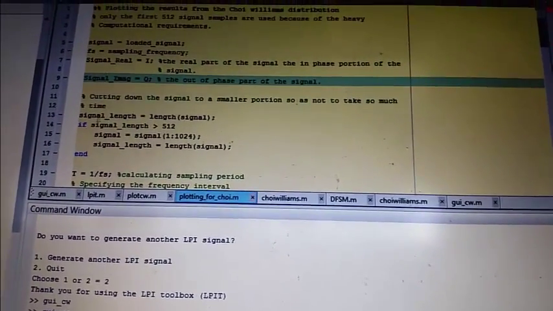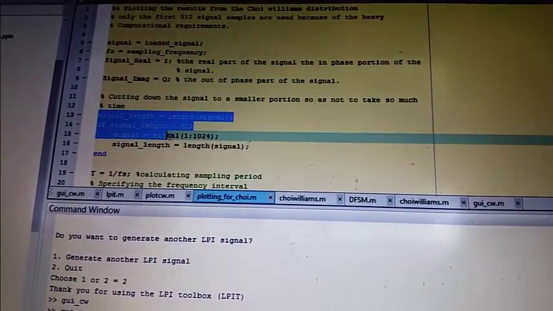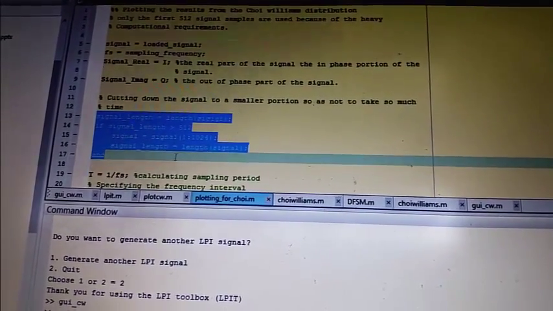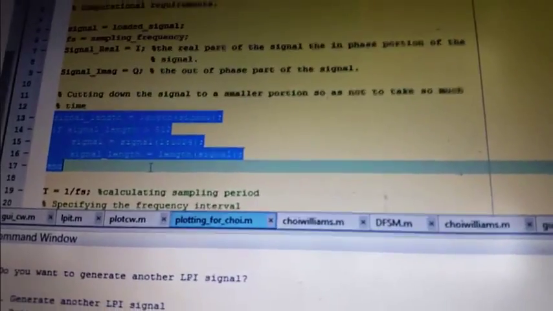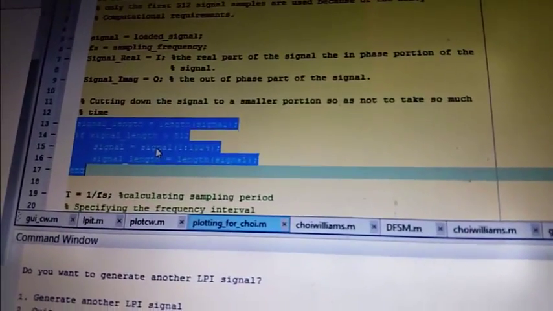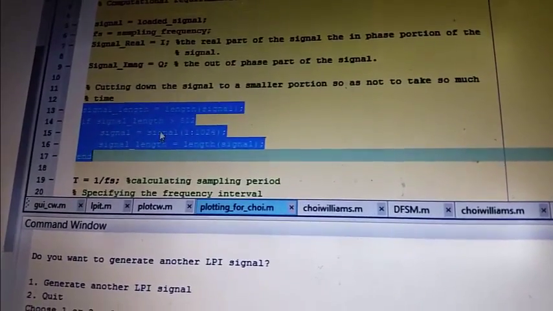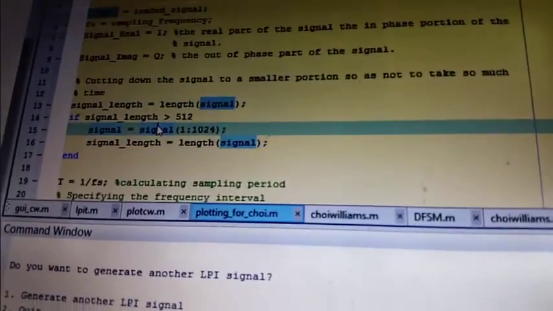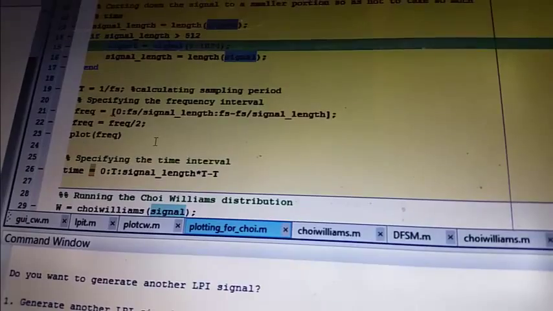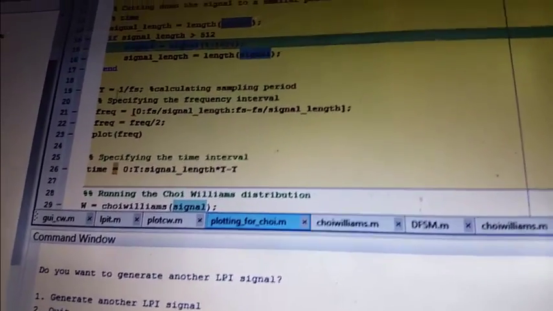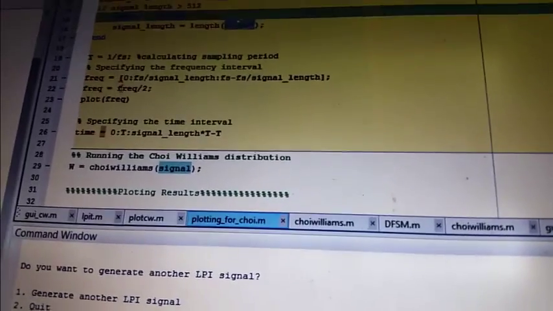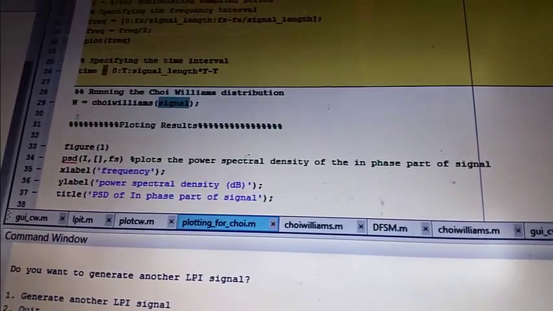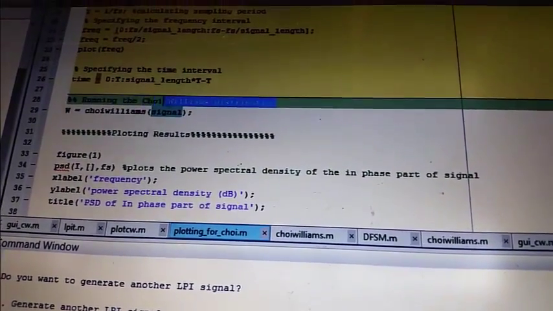Okay, this part of the code is where I split the signal. I cut off some of the signal so it won't go through so many computations. Okay, and just a few more things. Just doing the time frequency analysis, I do the Choi-Williams. So this part is what Al did.